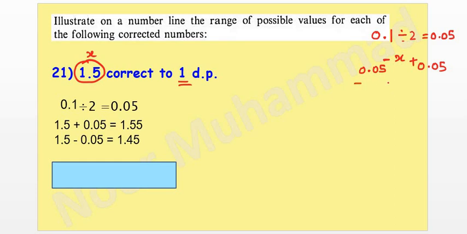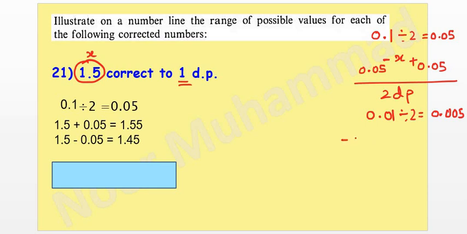What if you have two decimal places? If they want you to round it to two decimal places, then you will not take 0.1, you will take 0.01 and divide it by 2. So your answer will become 0.005.